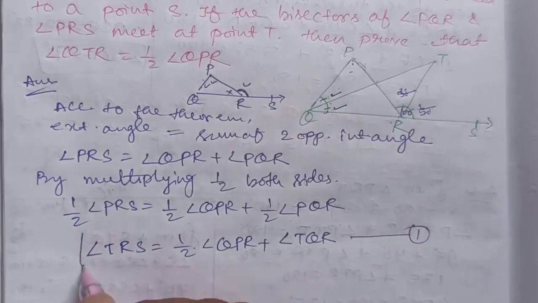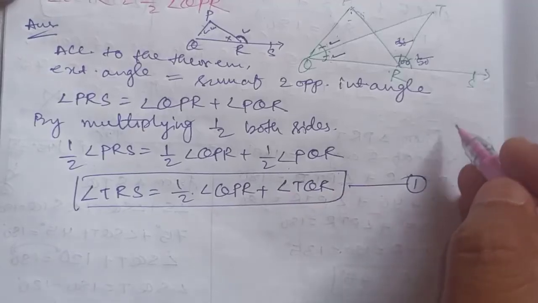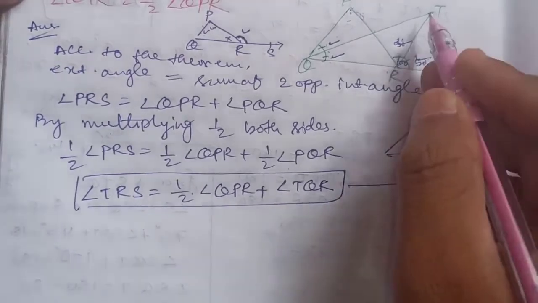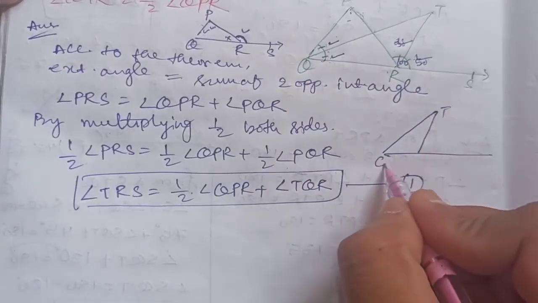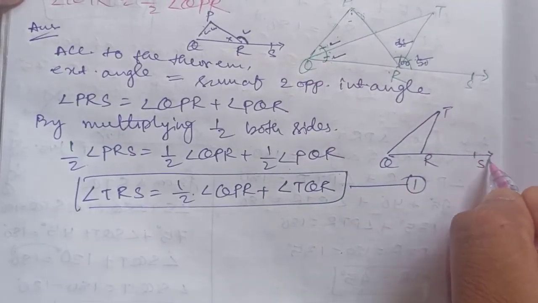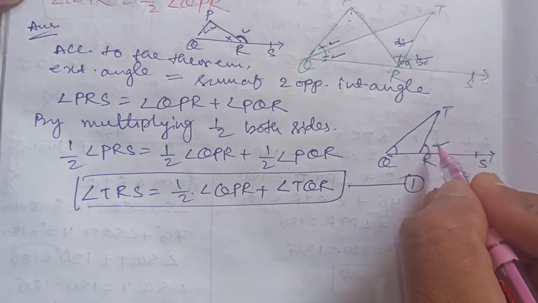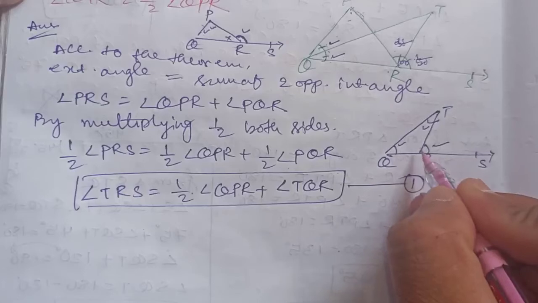This is, suppose, our equation 1. Now again, a smaller diagram I will draw. T, Q, R, S. Understood? This is the exterior angle. This equals this plus this, not this.